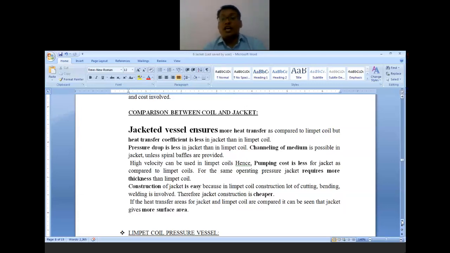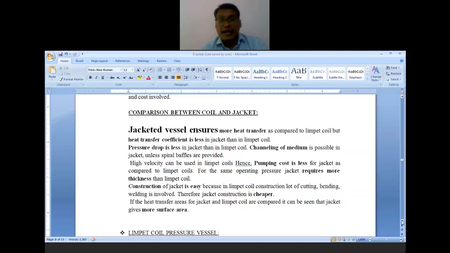The amount of heat transfer is more, however the heat transfer coefficient is less in case of jackets because of less velocity.